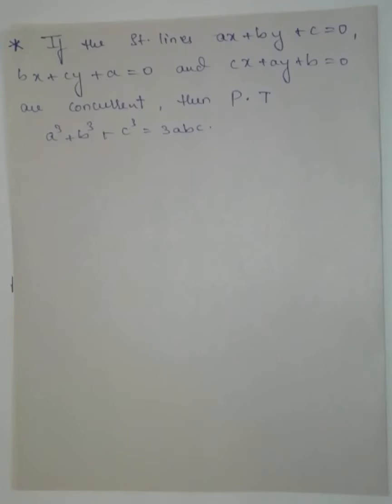This is the problem given that there are three straight lines. If these three straight lines are concurrent, then we have to prove a cube plus b cube plus c cube is equal to 3abc.